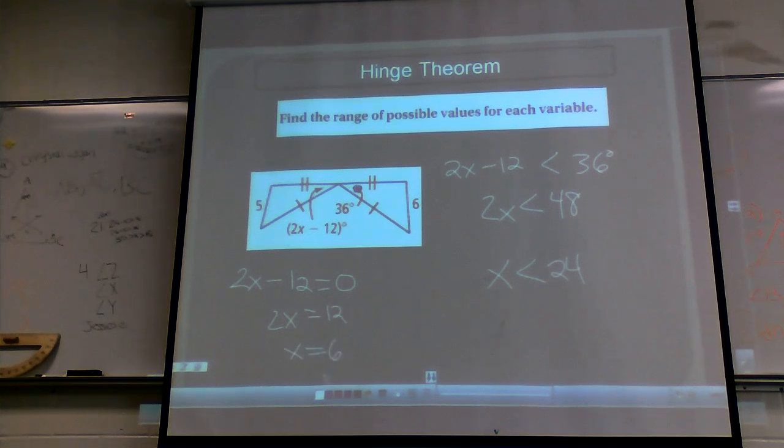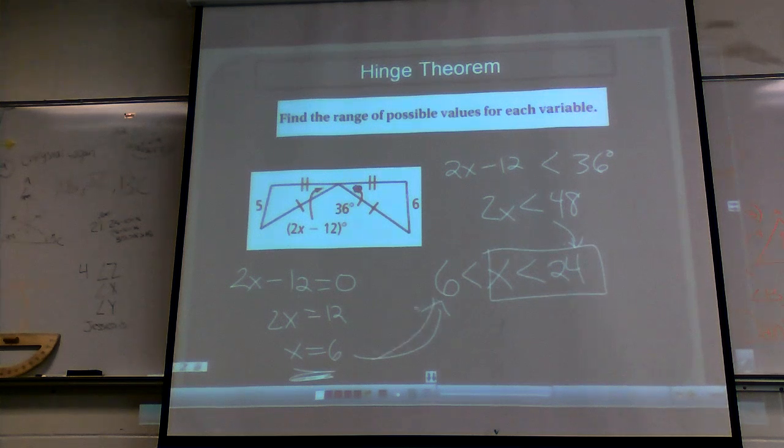Okay, and this tells me the smallest value I'm going to start with. This gives you the other side. This gives you that side. This comes from the hinge theorem.